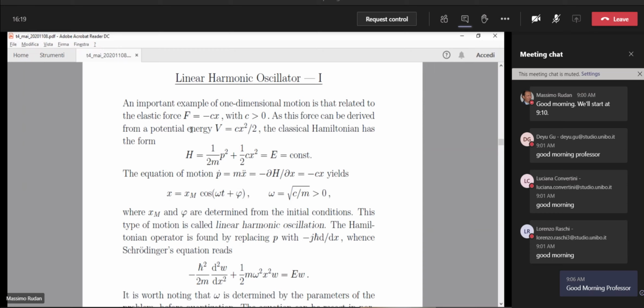We already met a situation like this that actually was much more complicated, because when we considered, as you remember, the set of atoms bound together, we assumed that the atoms were tightly bound.